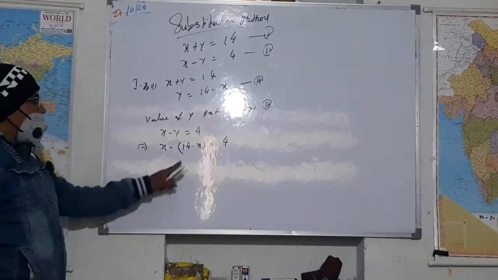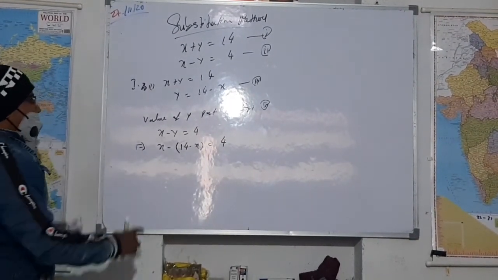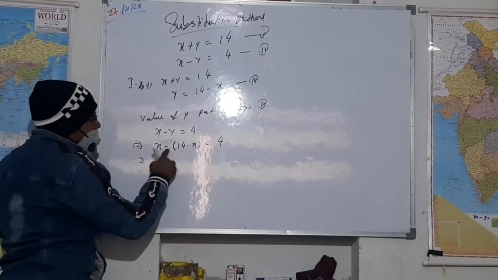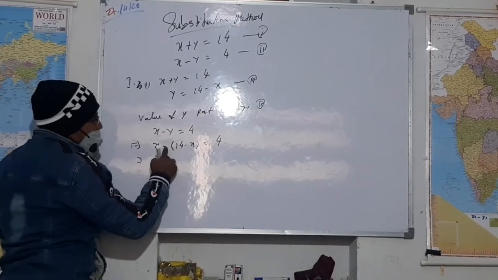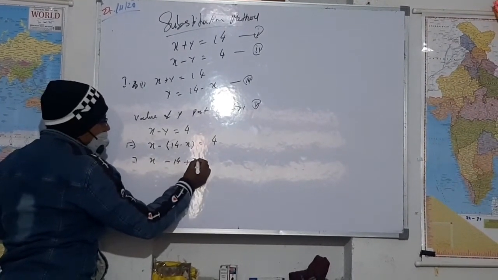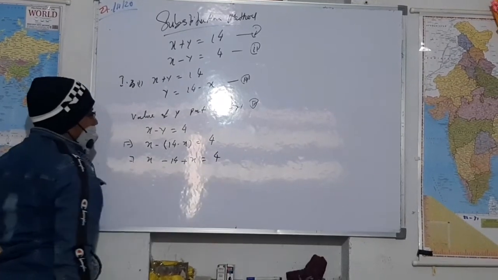The bracket means multiplication, so x minus 14 plus x is equal to 4.